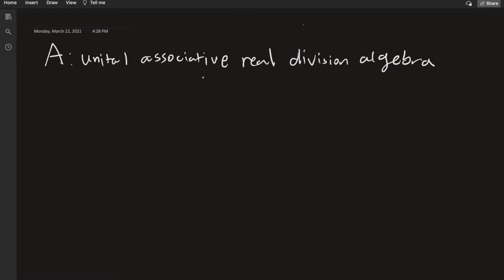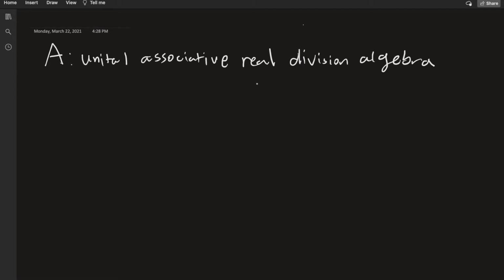So first of all, what is a unital associative real division algebra? Well, we defined what an algebra is in the last video, so you should go watch that if you don't know. And we also defined the terms unital and associative. Unital just means there's an identity element, and associative means that multiplication of vectors is associative.